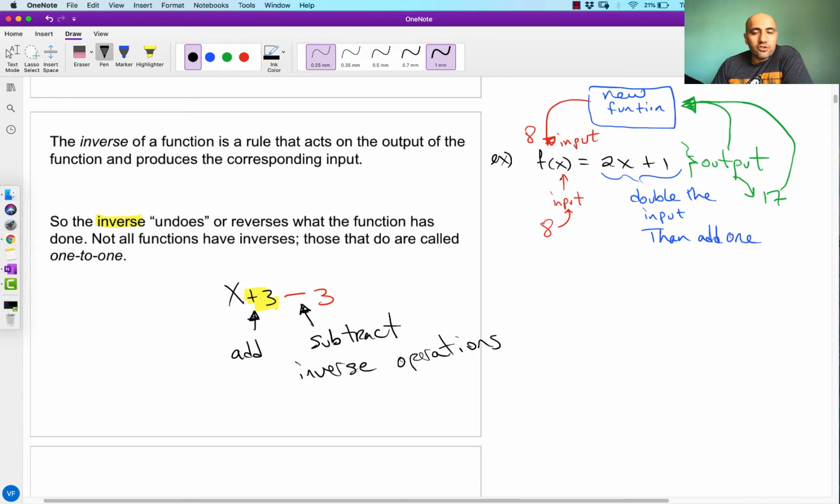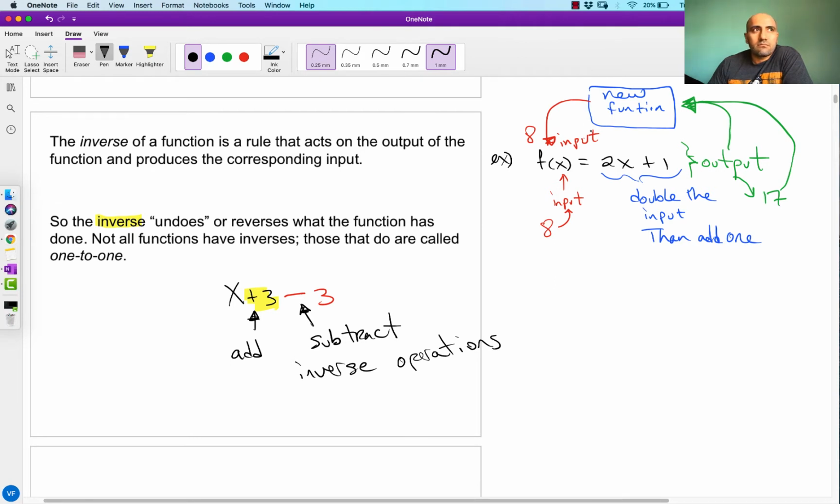We're going to be given a function, and it's going to be our task to determine, first of all, if that function qualifies as a function that can have an inverse function, because not every function will be capable of having a new function that will undo it.